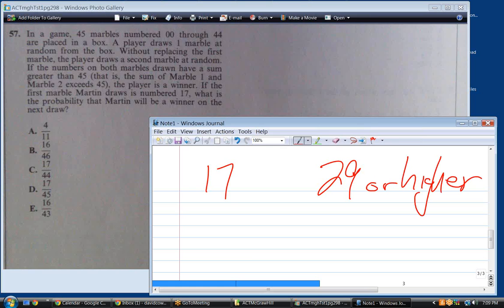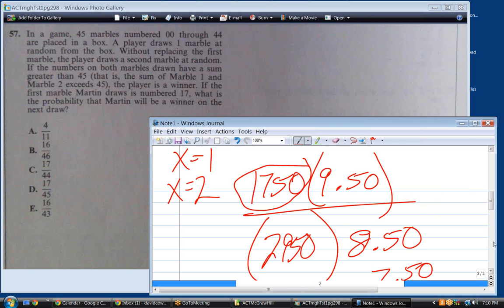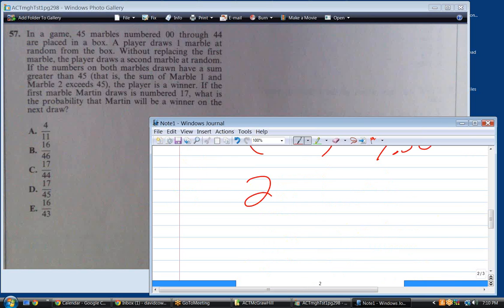15. 15? Yeah, because it has to be 29 up to or including 44. And that's 15 numbers? 44 minus 29, plus 1.